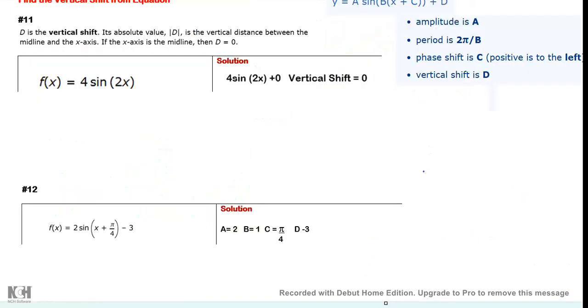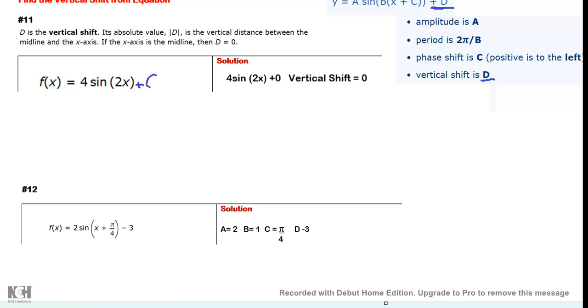These next two are actually pretty easy. We are talking about the vertical shift from looking at the equation. So the vertical shift is going to be the value that is your D value right there. So that's what we're looking for. Now, if you're looking at this equation, there is nothing right here.